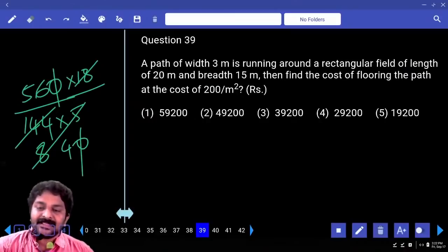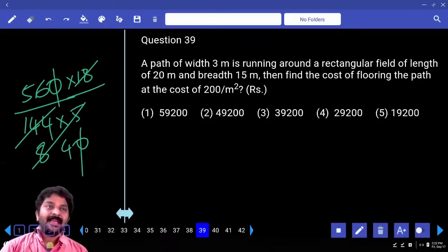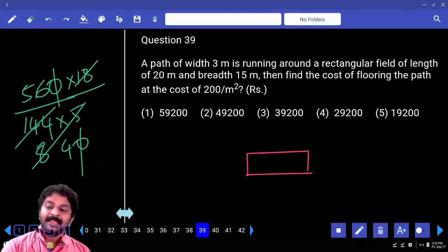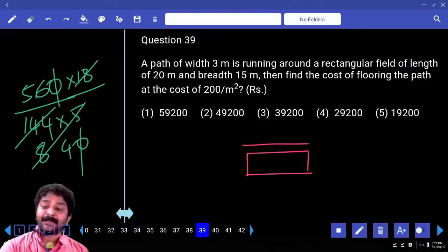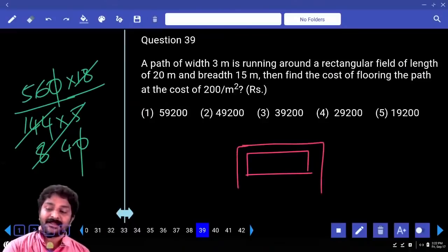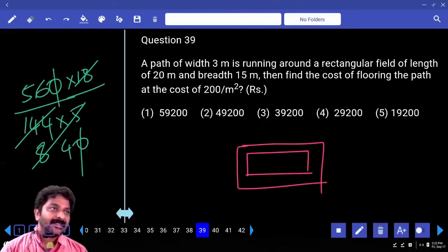A path of width 2 meters is running around a circular field. Around a circular field, in the sense, is that inside or outside? You must always take the path outside only, unless they mention inside. If the path is constructed inside, they will have to mention it.